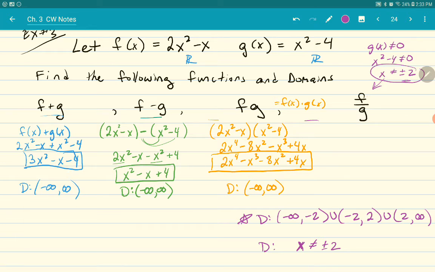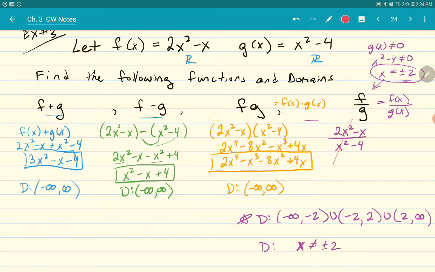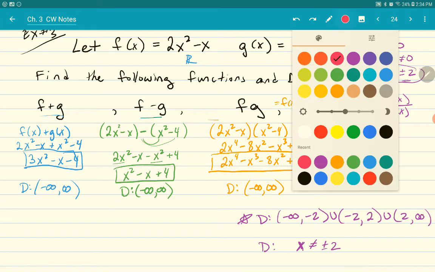So f divided by g is f of x divided by g of x. So that's 2x squared minus x over x squared minus 4. And again, it's tempting to cross off those x squareds, but you can't do that because it's not in every term. It's not in the x or the 4, so can't reduce this at all.